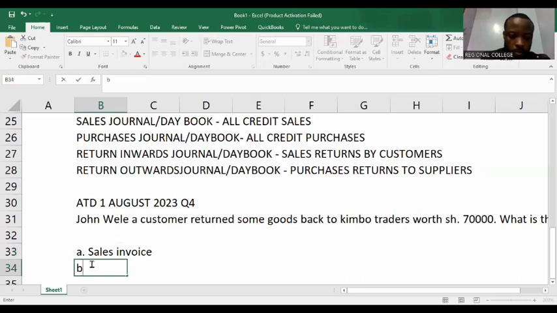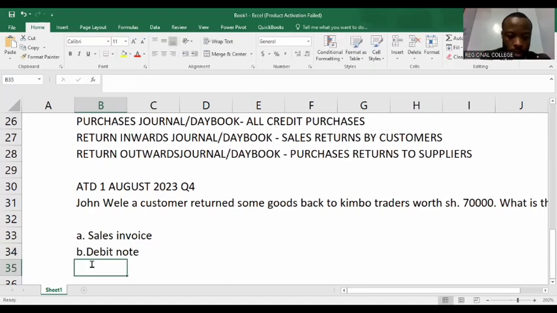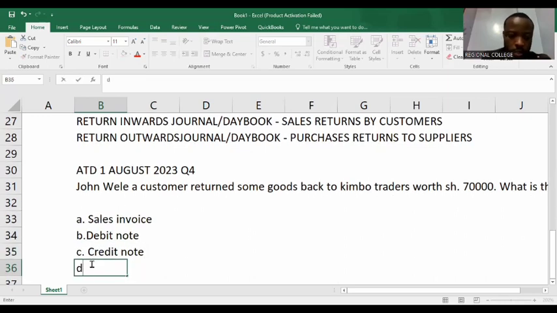Then B, debit note. Then C, credit note. And D was saying cash book.